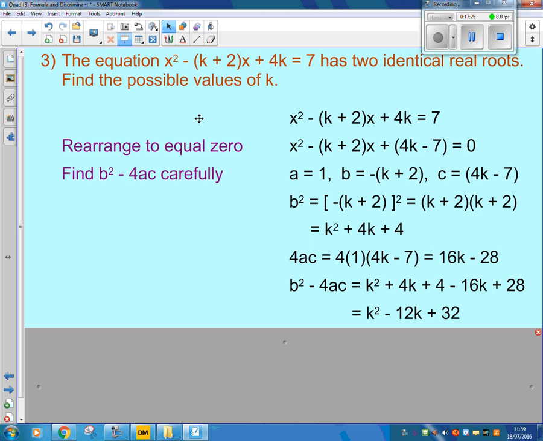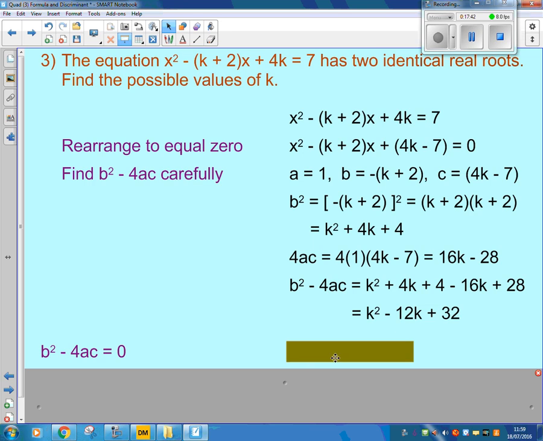And we're told the equation has two identical real roots. Therefore, if it's two identical real roots, b squared minus 4ac is 0, so this must be 0. So k squared minus 12k plus 32 is 0. So we've got another quadratic to solve, but we can solve this one any way we like.